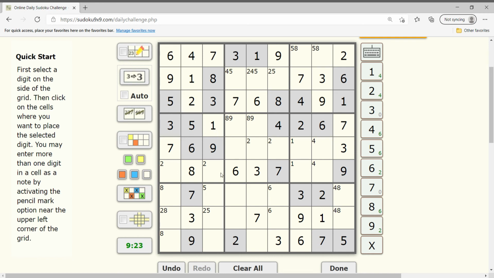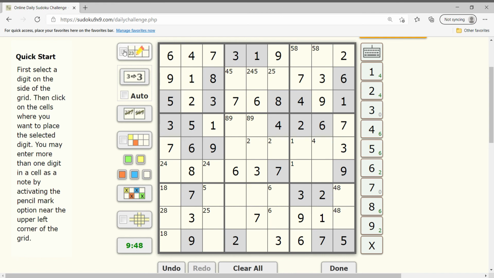Okay. So 1 is... sorry, I forgot the pencil mark. 1 is like this over here, right? The matching pair over here is 4. 2, 4, 2, 4. So this cell cannot be 4.